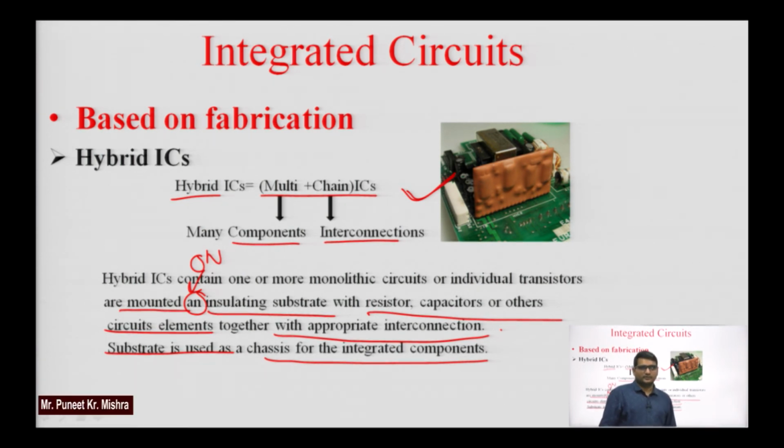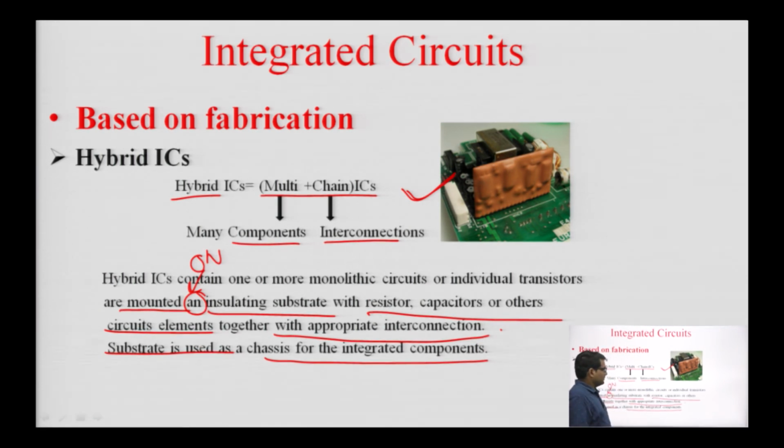An example of a monolithic IC is IC 741, popular as the operational amplifier. So this is all about integrated circuits. In the next lecture, we will start with the operational amplifier. Okay. Now, thank you.